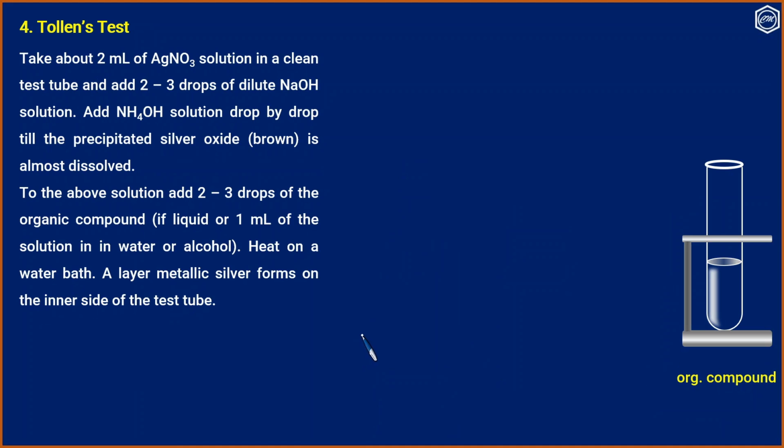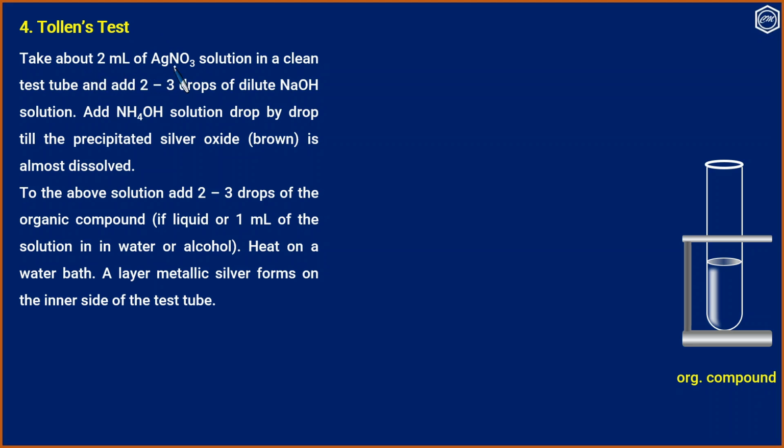The fourth test that is answered by aldehydes alone is the Tollens test. Tollens reagent is ammoniacal silver nitrate solution. It is prepared in the following way.